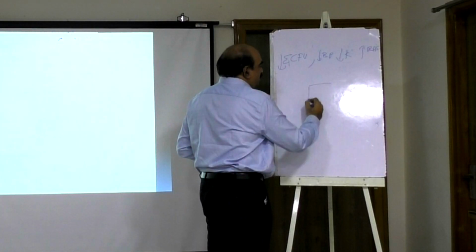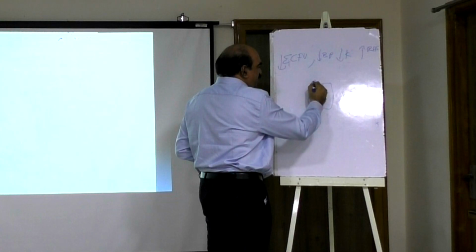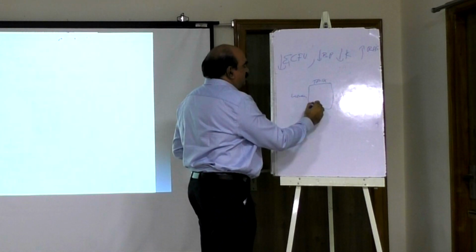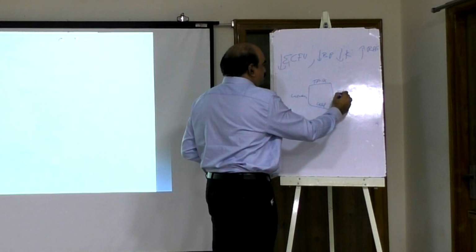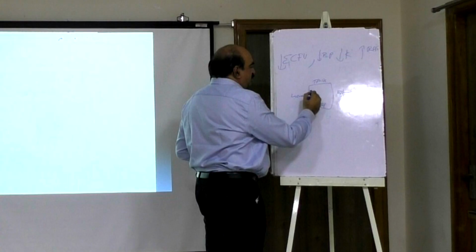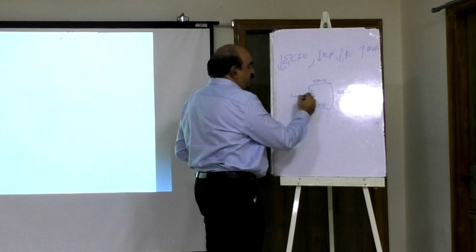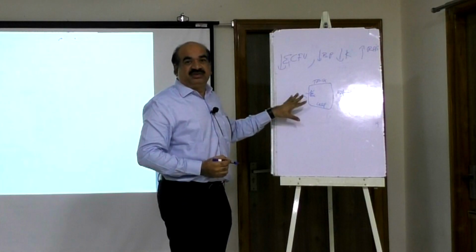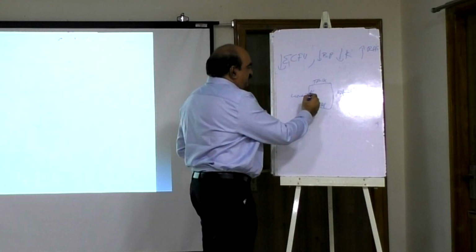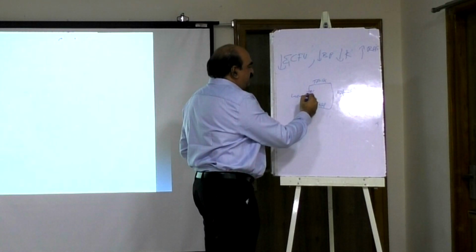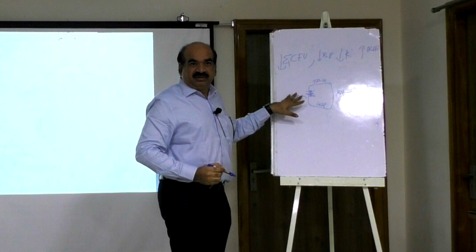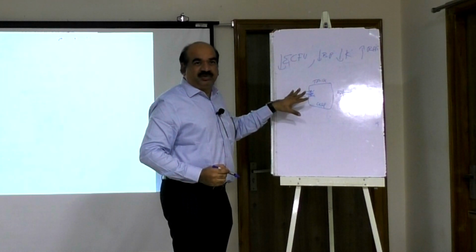Loop diuretics act on the thick ascending limb of the loop of Henle. Here is the lumen and the cell. The loop diuretic inhibits the sodium potassium 2 chloride channel, the main channel in the loop of Henle, which causes absorption of sodium, potassium and 2 chloride. So the loop diuretic inhibits this channel in the thick ascending limb.